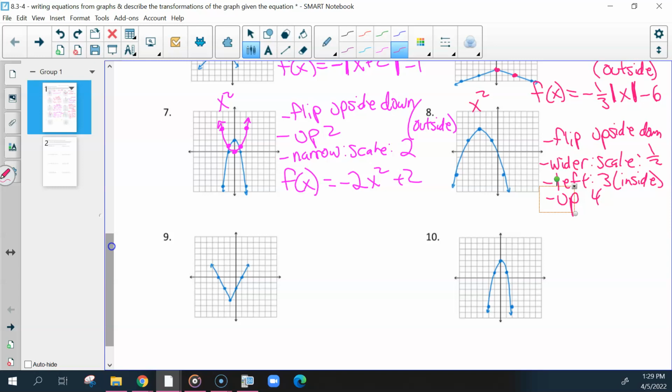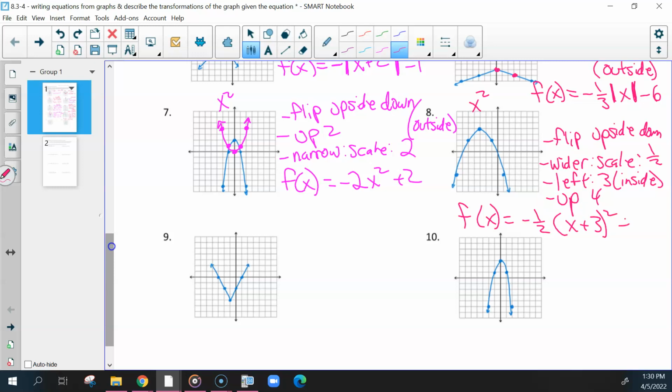How would we write this? F of x equals -1/2 parentheses, and then x plus 3, minus 4.